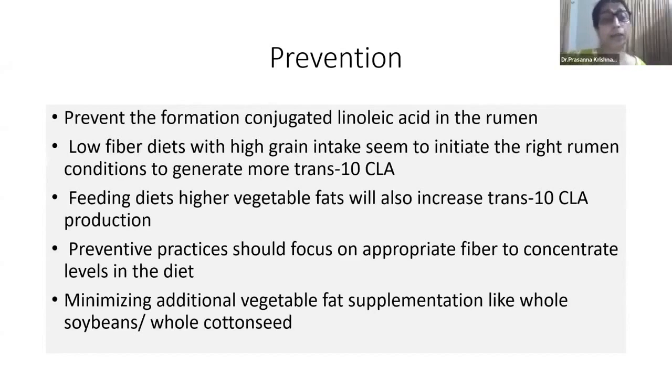And we should focus our practices on having an appropriate fiber to concentrate ratio. And we have to minimize additional vegetable fat supplementation, like soybean, whole cottonseed, etc. So while giving these conventional feed items, we have to think of the fat content in them, because the latest finding is that certain linoleic acid compounds produced in the rumen can suppress milk fat.